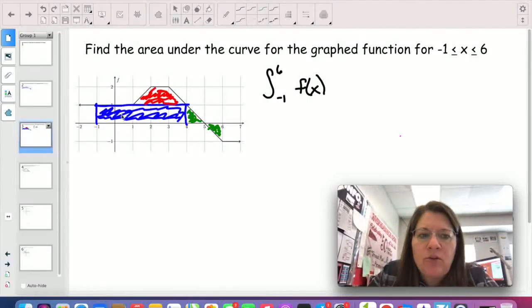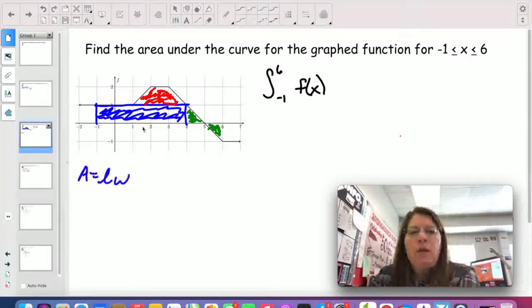This blue section right here would be a rectangle above the x-axis. We know from geometry that the area of a rectangle is length times width. We know that the area of a trapezoid, the red section here, is 1/2 the height times base 1 plus base 2.